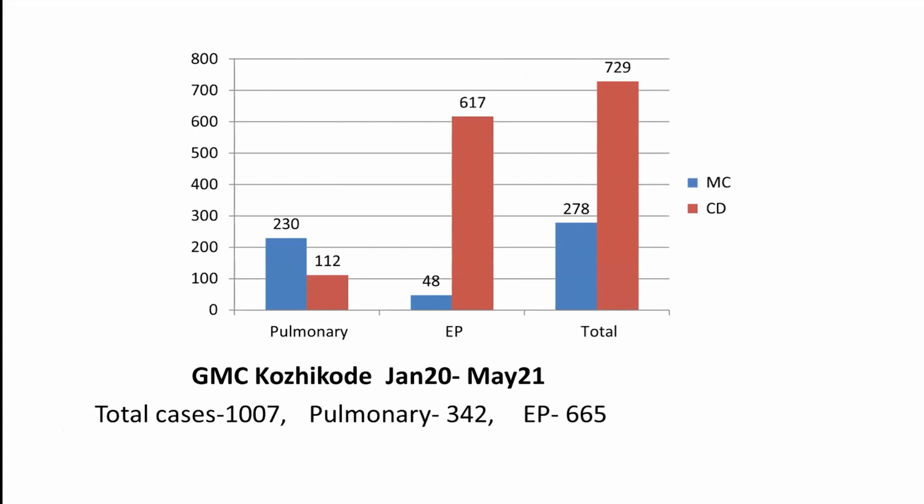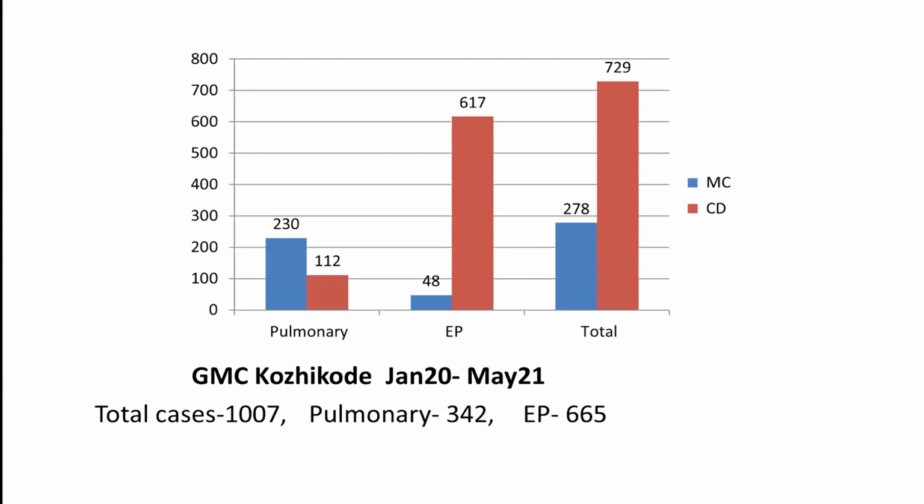So this is the data from our institute, Government Medical College, Kozhikode, from January 2020 to May 2021. There were a total of 1,007 cases of tuberculosis, excluding HIV TB combination. Out of this 1,007, there were 342 pulmonary tuberculosis.